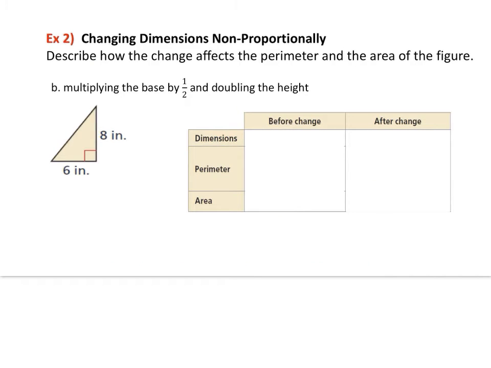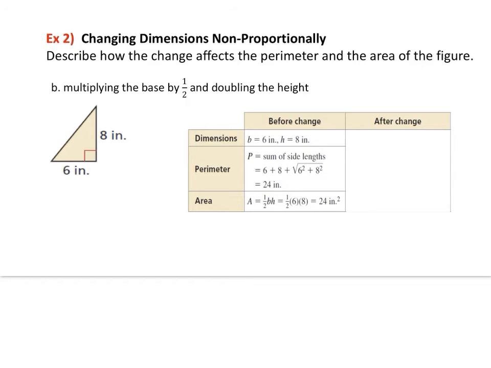Okay, let's take a look at one more example. We've got multiplying the base by 1/2 and doubling the height. So do our calculations for perimeter and area. Anytime you're dealing with a right triangle, you're always dealing with Pythagorean theorem for that third side. This also is 6 and 8, values for a Pythagorean triple, so you might recognize that right away.